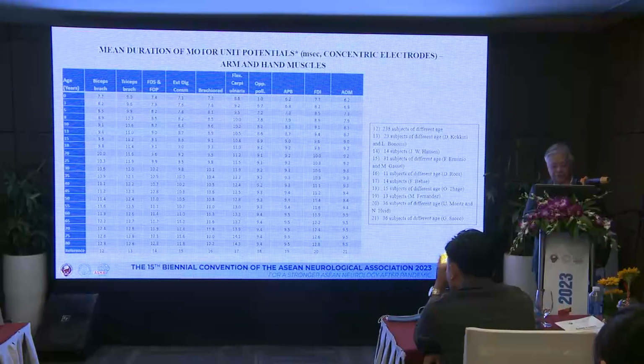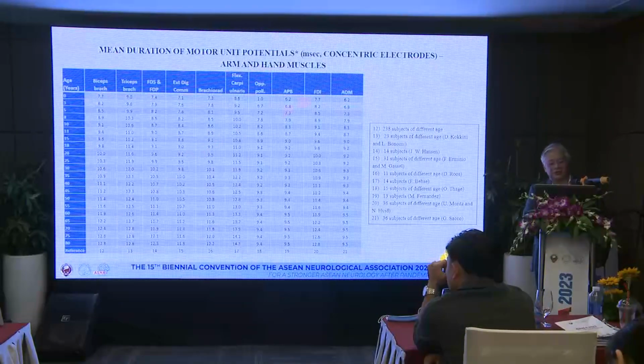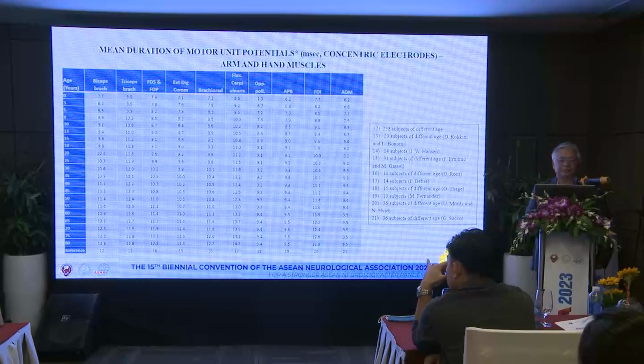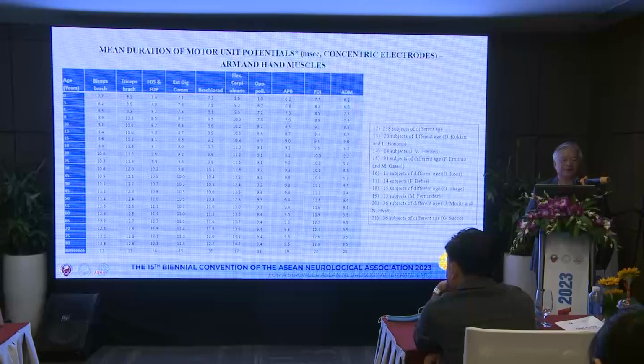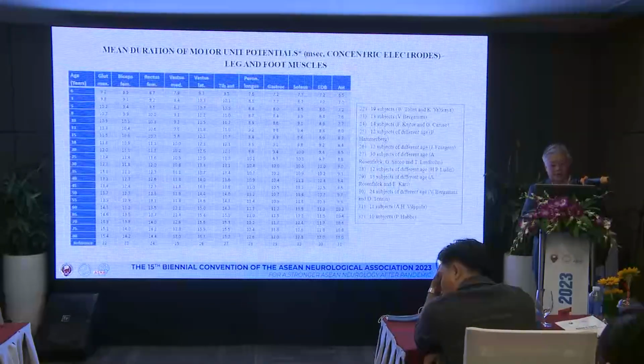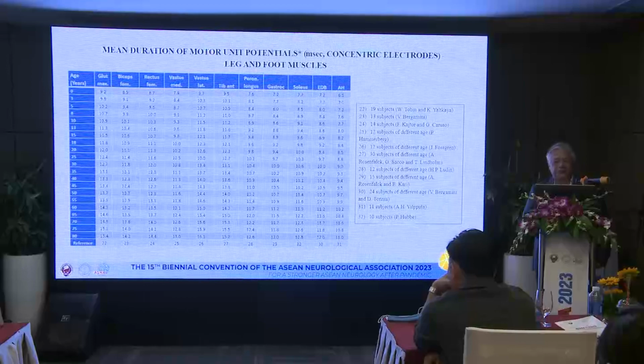And here is the arm and hand muscles. And again, the muscles are listed across the top, the references across the bottom. You can see as you grow older, your duration increases. And here's the legs and foot muscles.